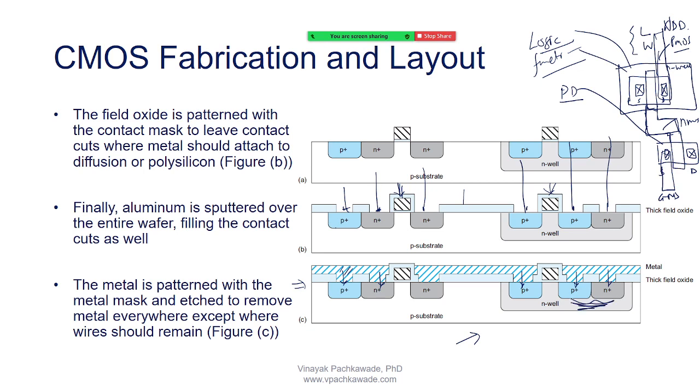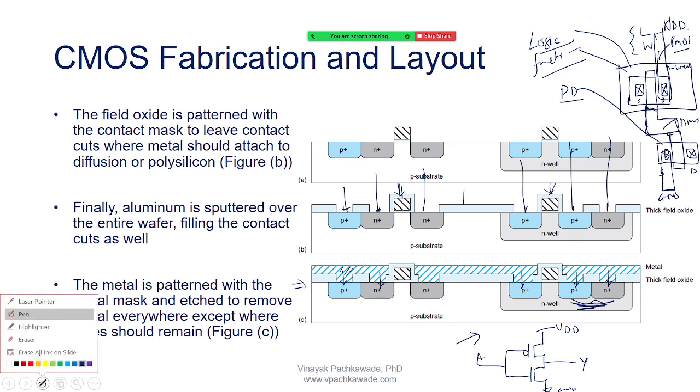Yes. Yeah, P plus and N-well are connected because you see, when I draw the circuit of an inverter, this is the fabrication of the inverter, right? So I know input, I know output, this is VDD, and this is ground. So what about the body of each of these transistors?